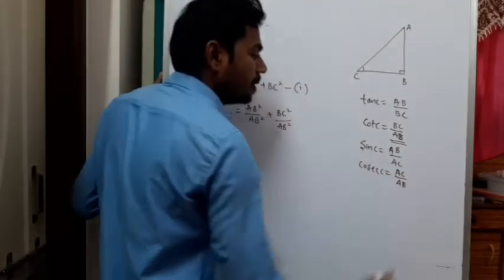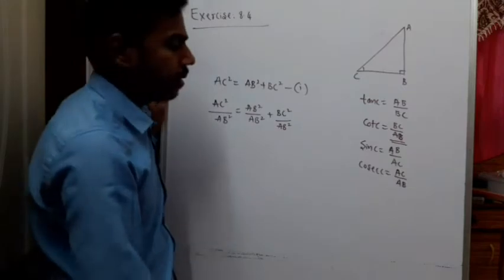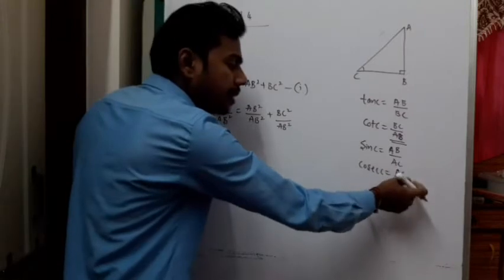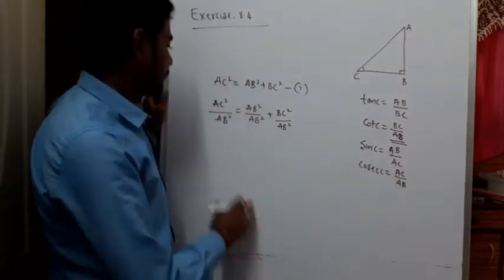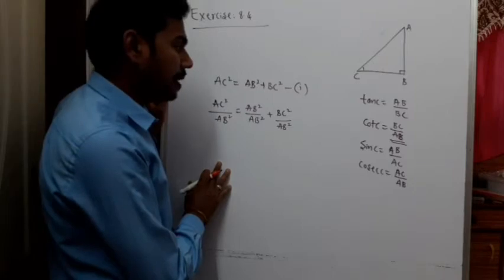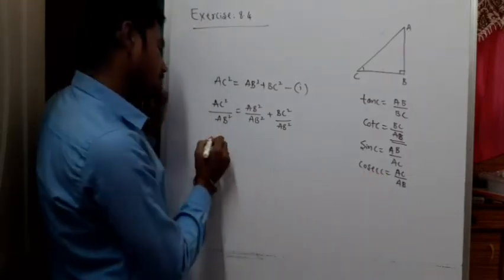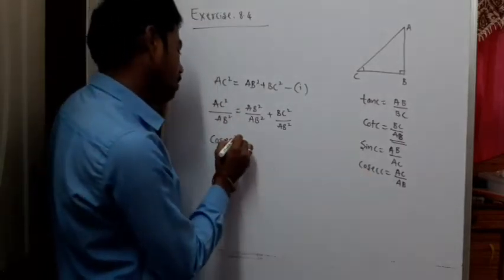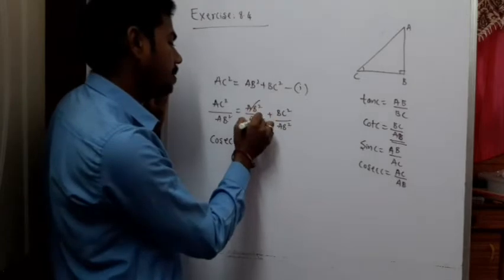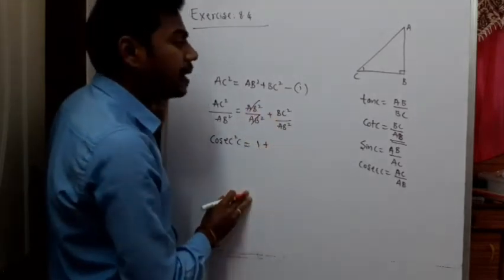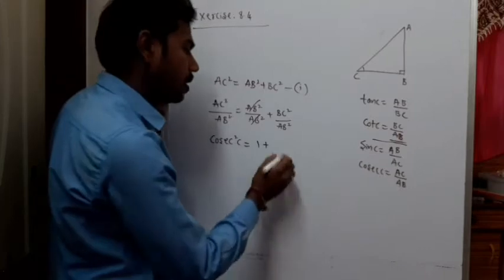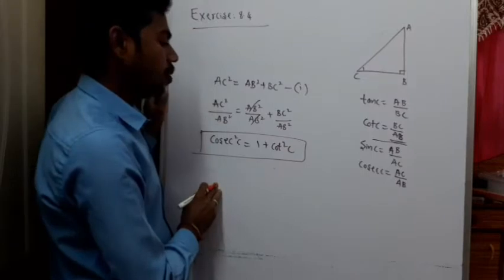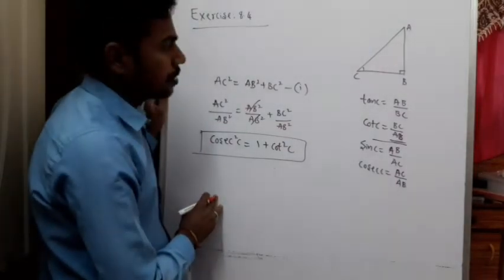Instead of AC by AB, we can write cosecant C. Cosecant square C is equal to AB square by AB square, which will get cancelled, that is 1, plus BC by AB, which is cot C, so cot square C. So cosecant square C is equal to 1 plus cot square C. Please note this down.